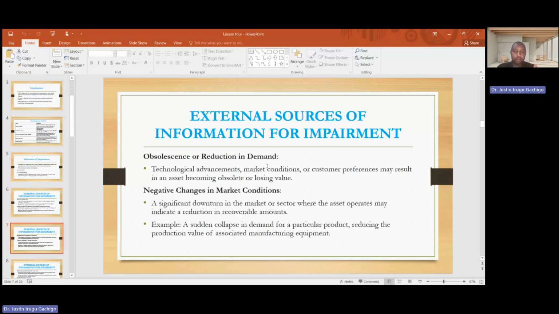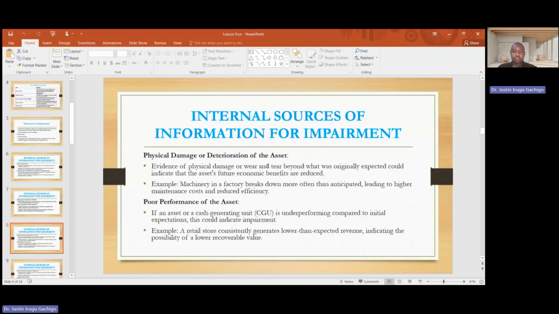For example, some time back, women used to have this innerwear popularly known as kamisi. That has now been overtaken by events because I don't think that kind of dress is being worn today. So the company that used to manufacture those innerwear, they no longer exist.